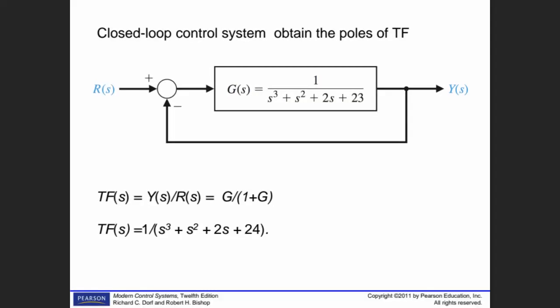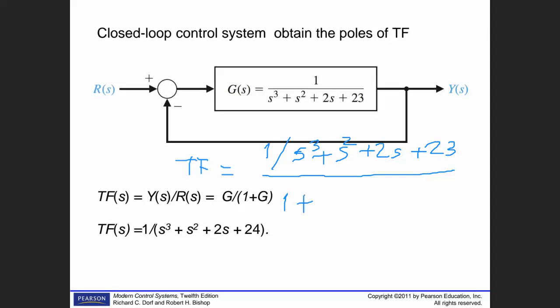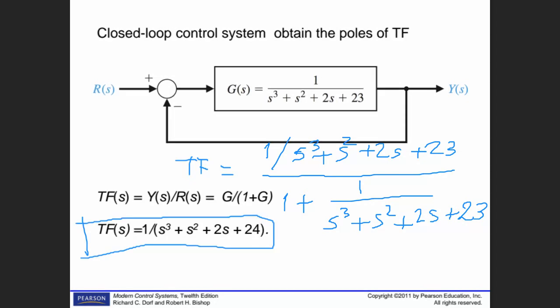So the transfer function of this one, TF, is equal to 1 over S. So at the end, when you solve this one, you are going to obtain this transfer function, TF.